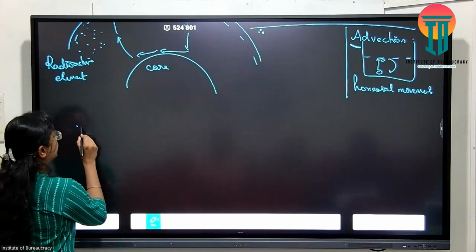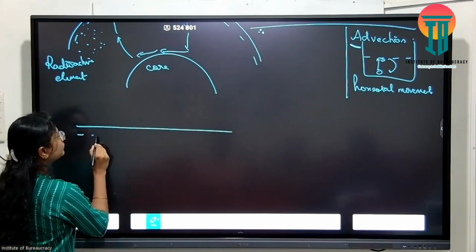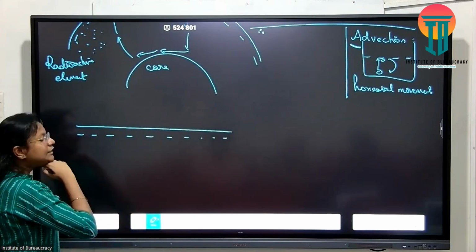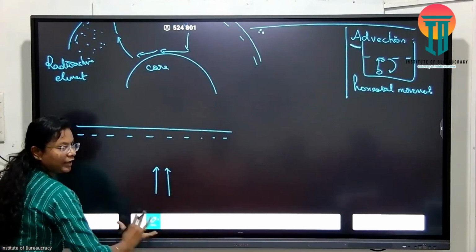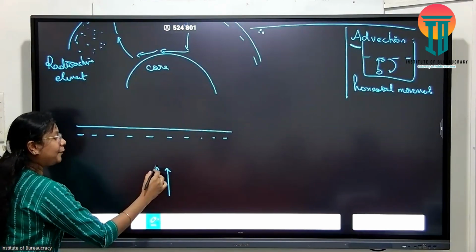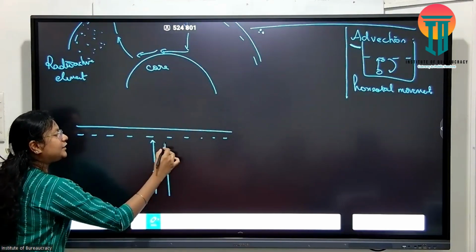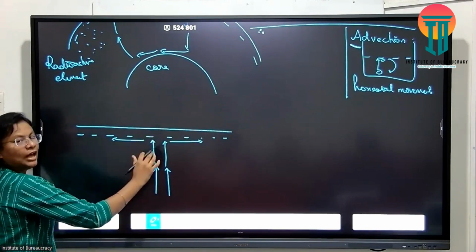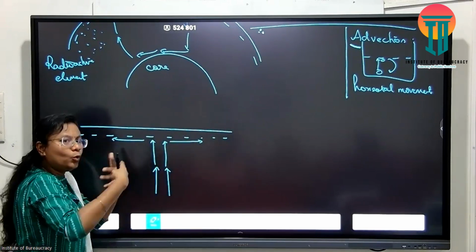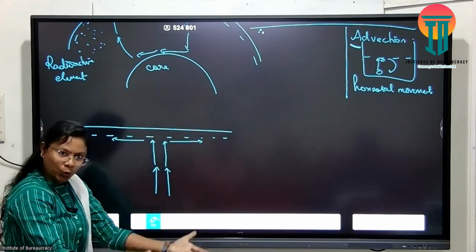If this is my crust, the convective current, the hot heat can be transferred through convecting currents, and these currents diverge, and through divergence they will lose their energy and cool down.